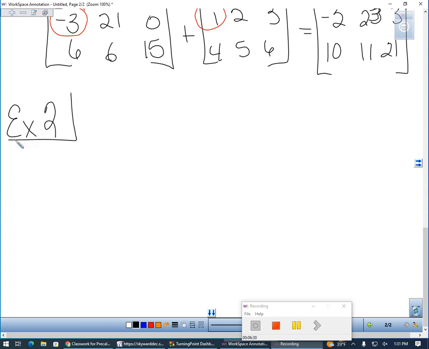In example number 2, this is 16 through 18. Solve the matrix equation.